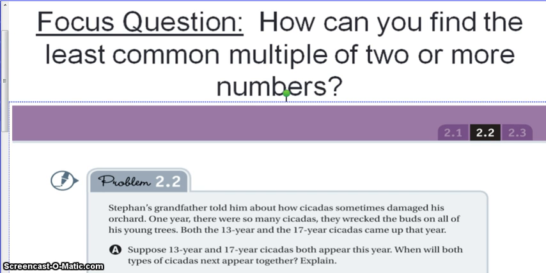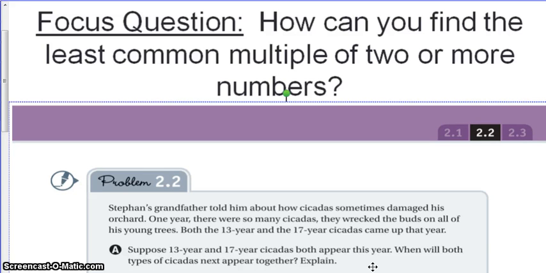Problem A says that suppose there are 13-year and 17-year cicadas, and they both appear this year, which is actually true. This year in both Missouri and northeastern Kansas, both 13-year cicadas and 17-year cicadas appeared, which is probably why you could hear them, or they were very loud when it got to be dusk, that fizzing sound in the trees.